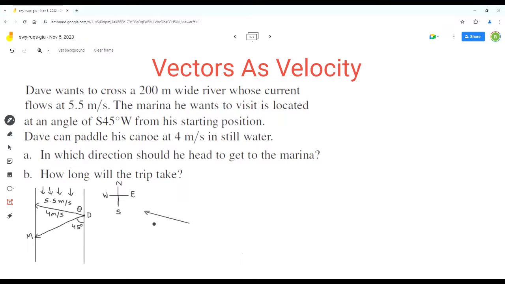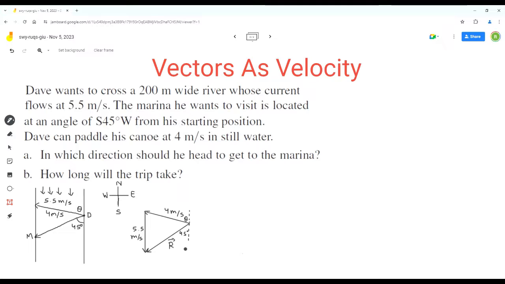The water in the river is moving in the downward direction, and the resultant velocity for Dave can be this third side in this triangle. So this is the vector triangle we have to analyze.